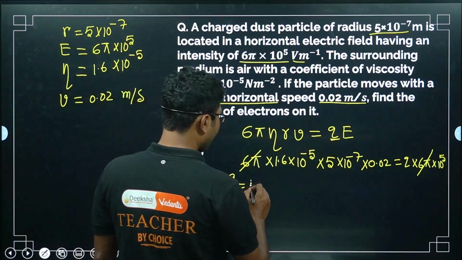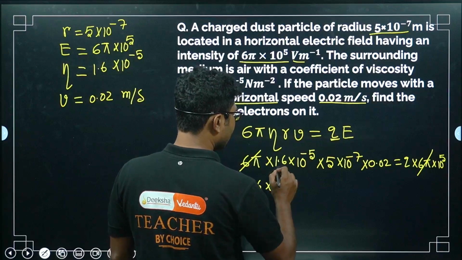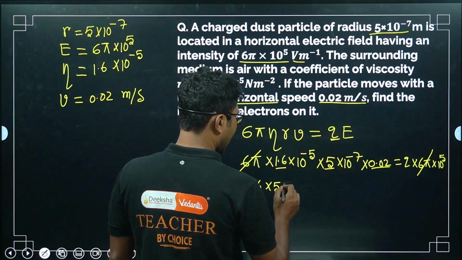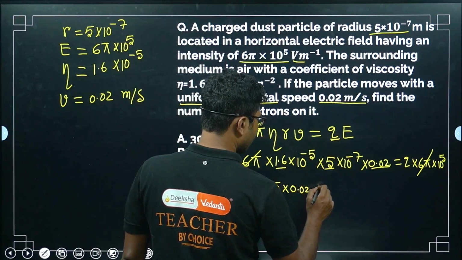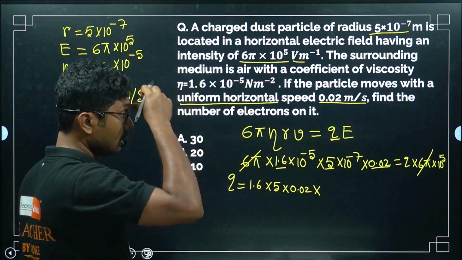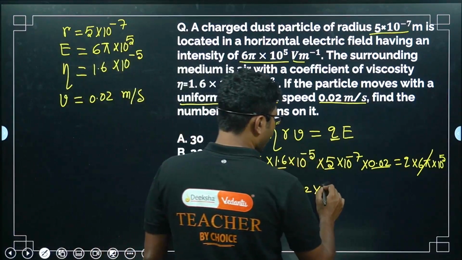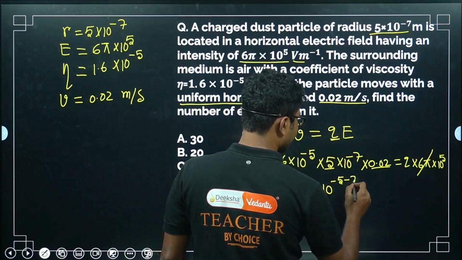Next, 1.6, okay, times 5. I'm just writing these values first, okay, times 5 times 0.02 times 10 to the power of minus 5 minus 7.